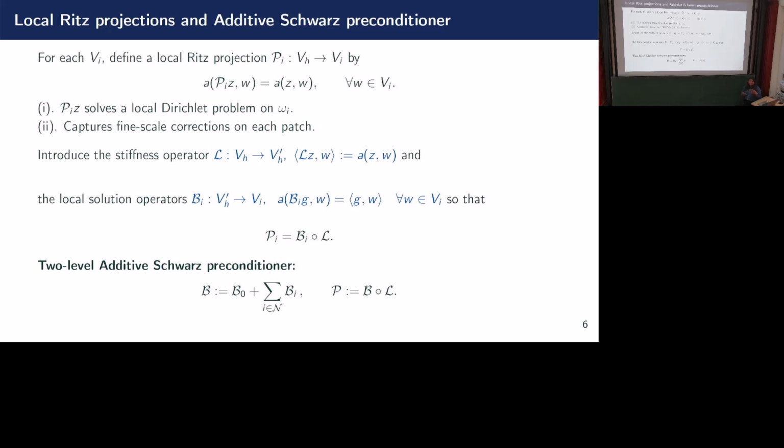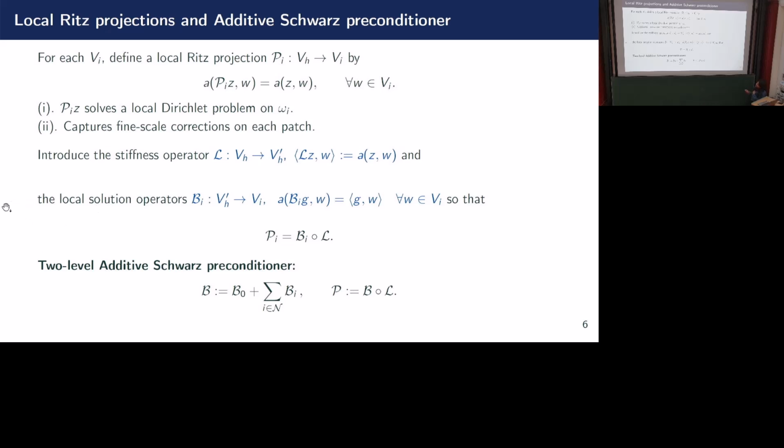And this is exactly what the local Ritz projections do. We define our local Ritz projections Pi in this variational form, and then this Pi z is the best approximation to a function z in the energy norm in this subspace Vi. And this solves the Dirichlet problem on this patch and captures the fine scale corrections on each patch.